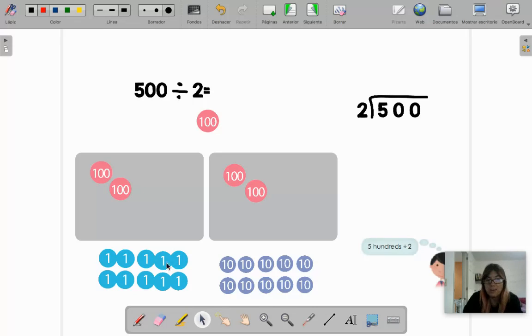But instead of ones, we can change it for tens. Remember that 10 tens equals one of these. Think of it like money. Okay, you have a $100 bill, and you change it for 10 coins of 10 pesos. Okay, so let's change it.